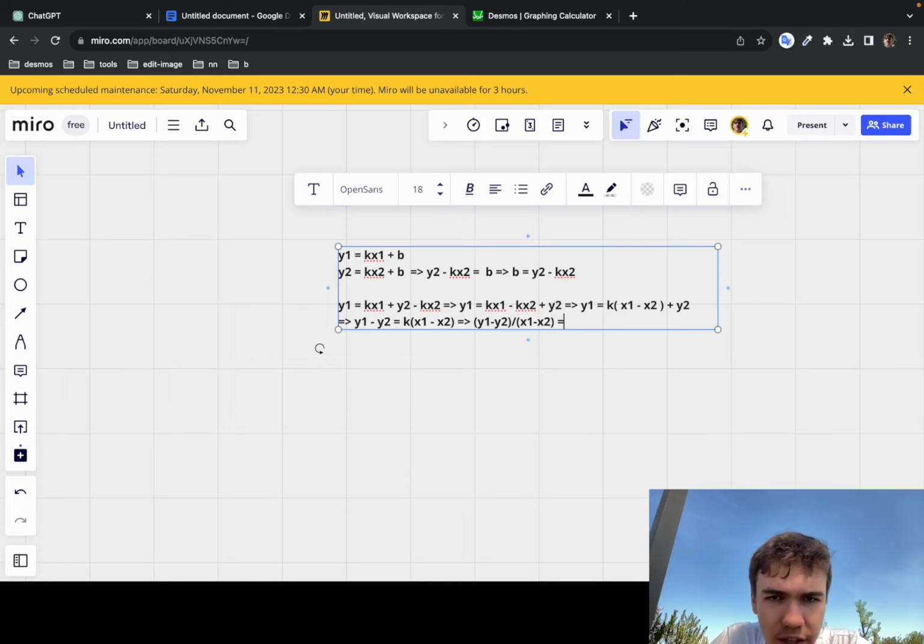Okay, and then this is equal to k times x1 minus x2, and then divided by x1 minus x2. So this cancels with this one, and we get just k, and here it remains. And as you can see, I'll just switch the places again. So I'll say k is equal to this. Let me just copy this. Okay, so we got our k.